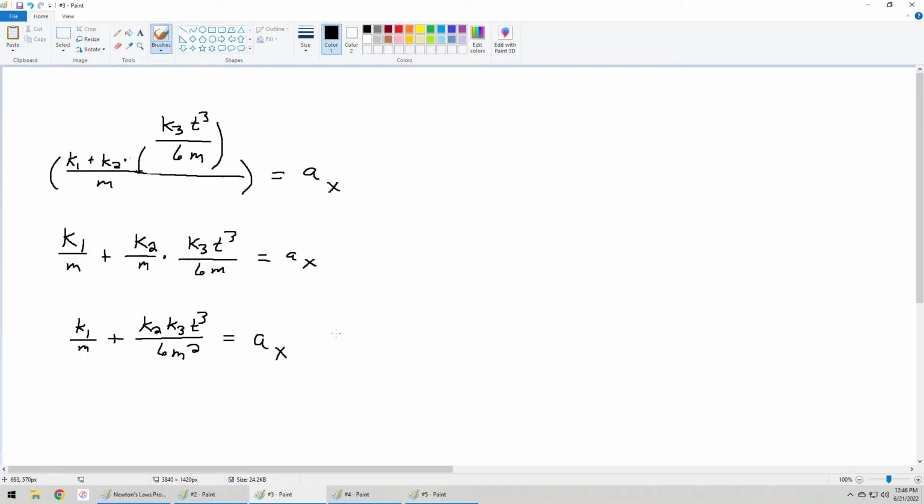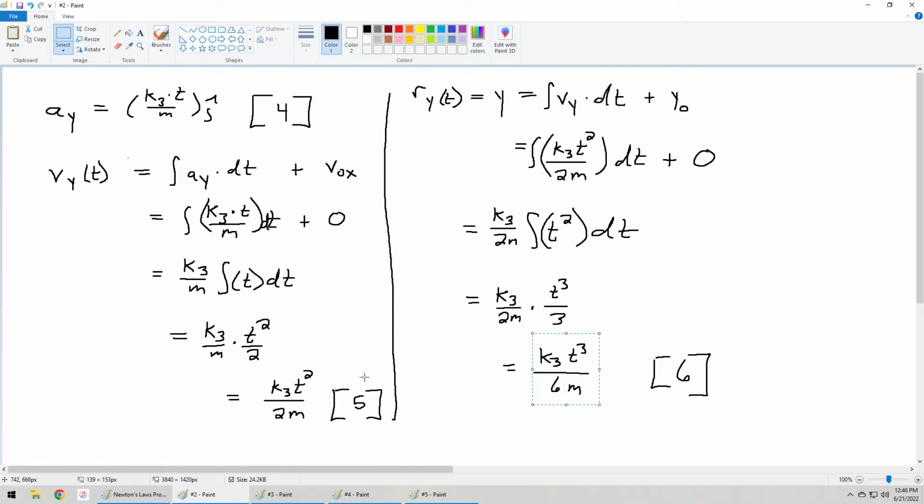And to keep in line with our number system that we had before, this is going to be equation number 1 here. Let's partition this side of the screen. And I'm going to do the same type of approach I did on page 2 here, where I started with the acceleration component, and then I integrated that component of the acceleration to get the velocity, and then I did it again to get that component of the position.